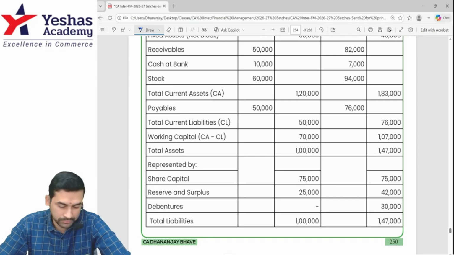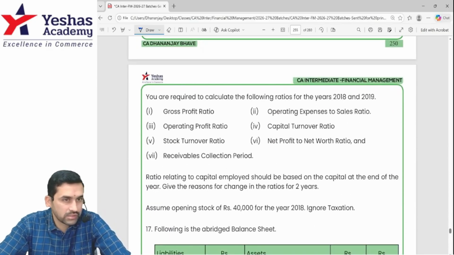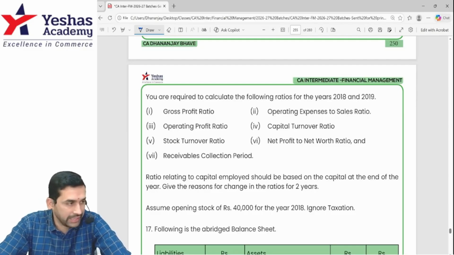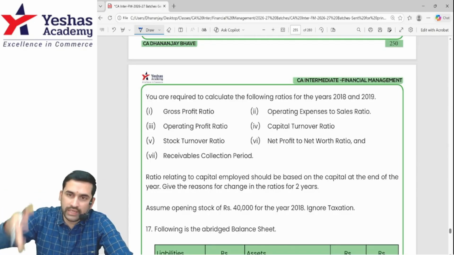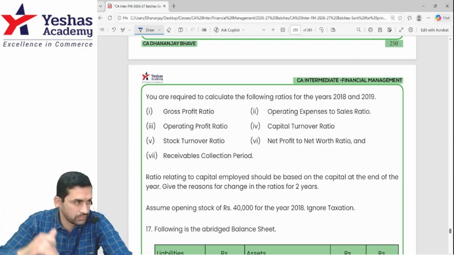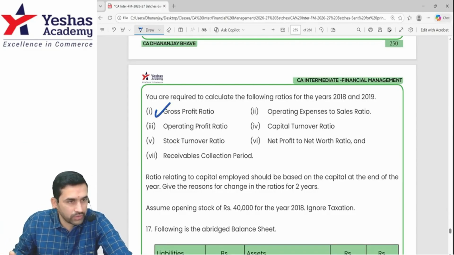All okay. Now you have 2 years P&L, 2 years balance sheet. You are required to calculate the following ratios for the years 2018 and 19. That means they want the answer in this table, particulars 18, 19. Same ratio, two numbers. GP ratio for 18, GP ratio for 19.